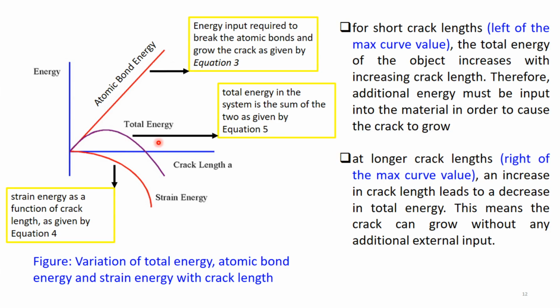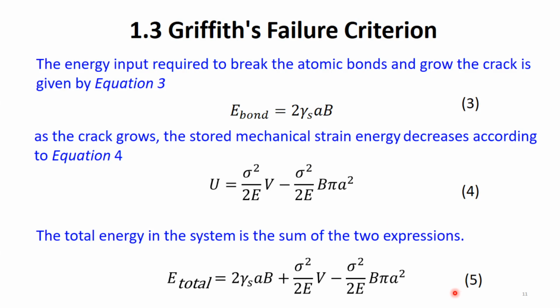And lastly, total energy is shown by the purple curve, which is the total energy in the system, and it is the sum of equations 3 and 4 and is given by equation 5.